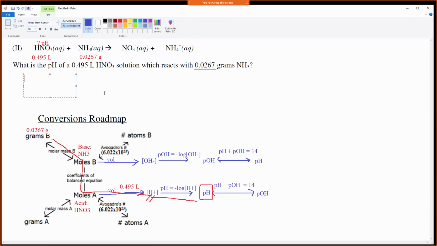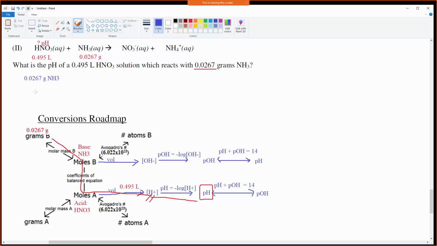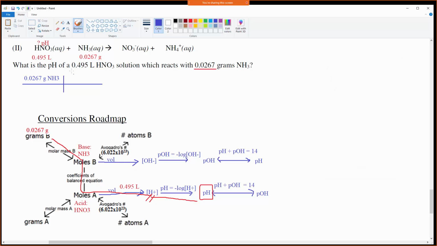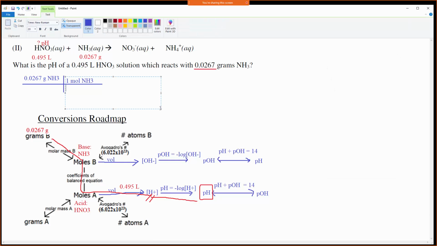We're going to start with 0.0267 grams of NH3. Calculated, we have 1 nitrogen plus 3 hydrogens, which give you 17.034 grams per mole. We're going to put that on the bottom. So 1 mole NH3, 17.034 grams NH3.